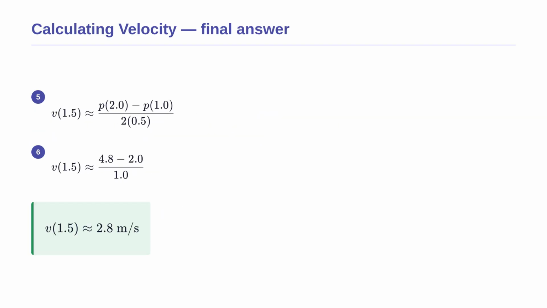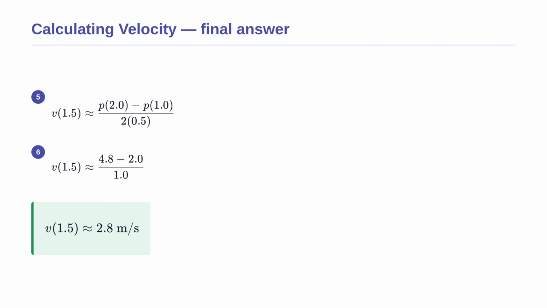Continuing with our calculation, we substitute our specific time values into the formula. We are evaluating at the central time of 1.5 seconds. The point ahead is at 2.0 seconds and the point behind is at 1.0 seconds. We plug in the actual position values from the problem, 4.8 meters and 2.0 meters.